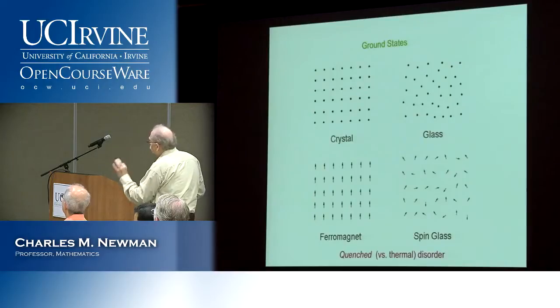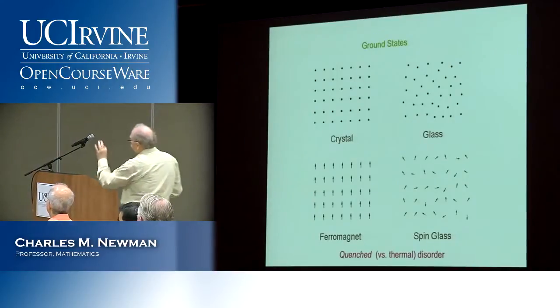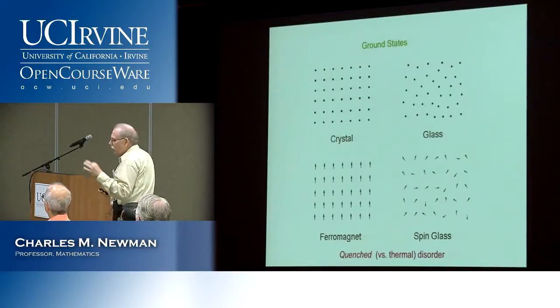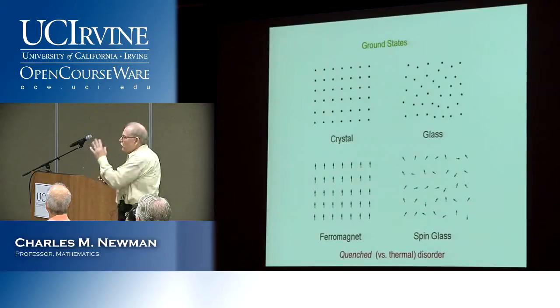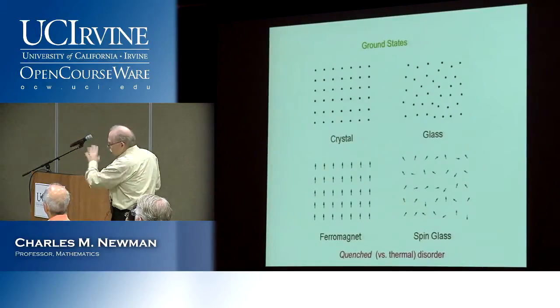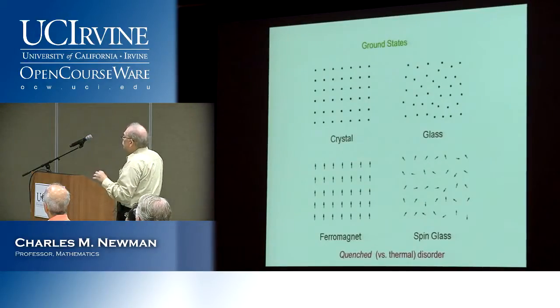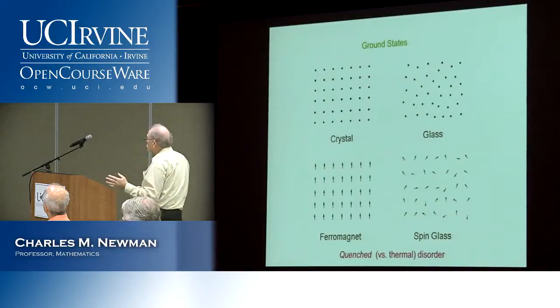So it's important to realize that the kind of disorder we're talking about here is not thermal disorder. When you raise the temperature even a little bit in materials, then they start jiggling around. Either the locations in a crystal move around a little bit, or certainly the molecules in a gas move around all over the place.